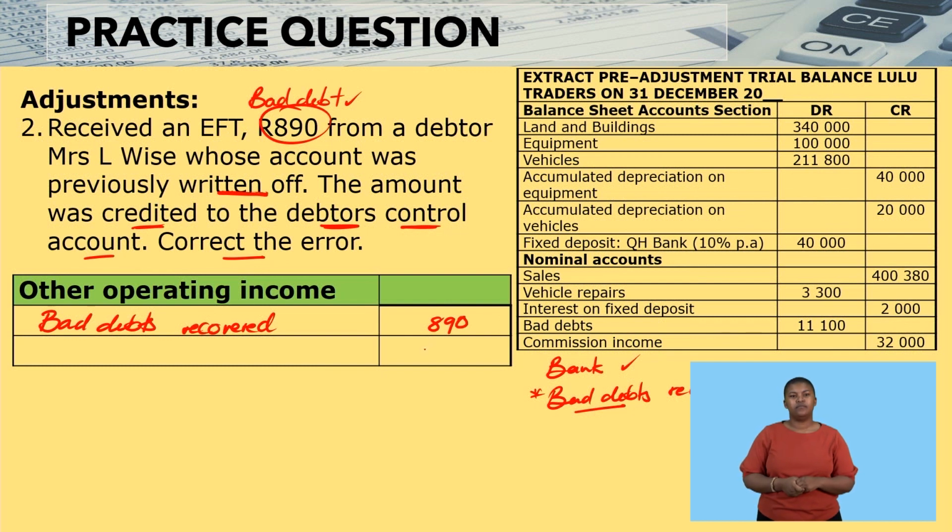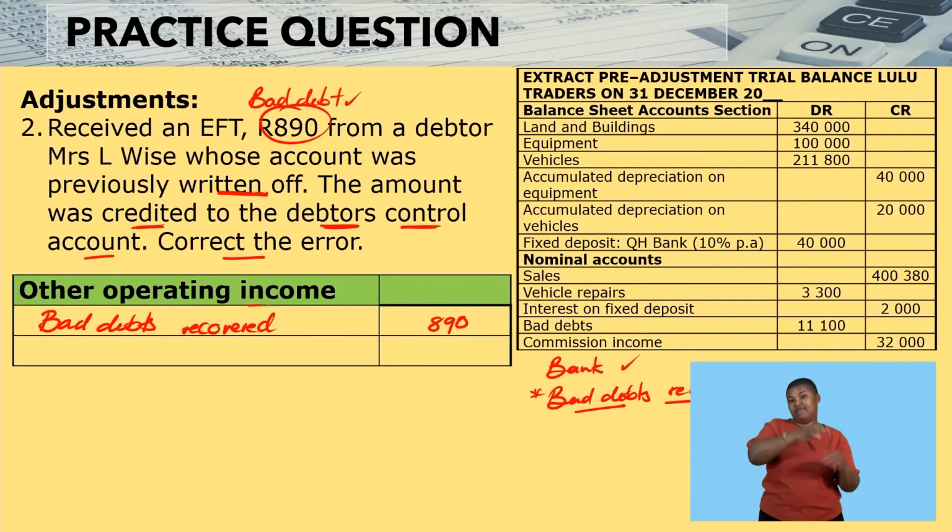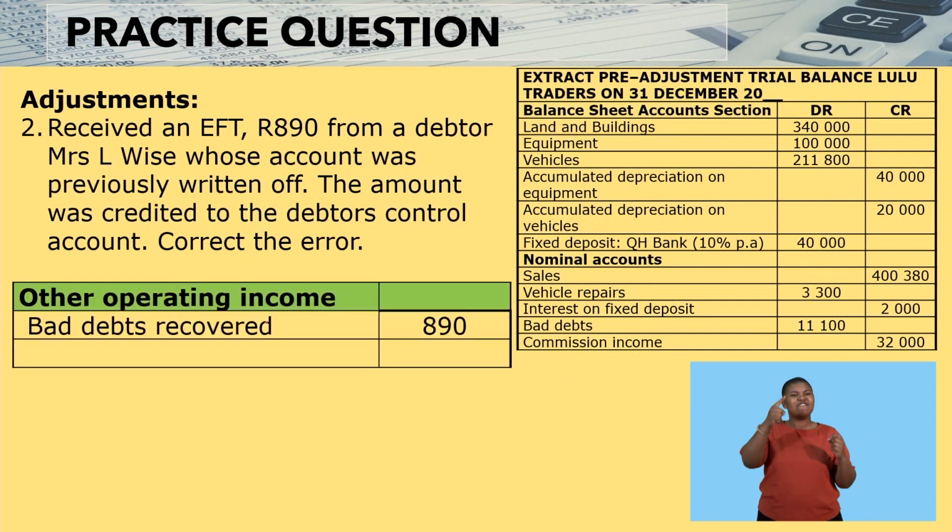So in today's class, we are not doing the statement of financial position. I'm only showing you how we record it in the statement of comprehensive income. We record it as bad debts recovered under my other operating income. Let us now go to adjustment number 3.